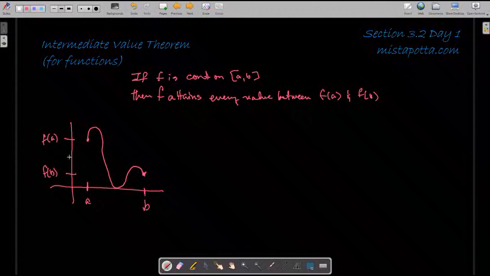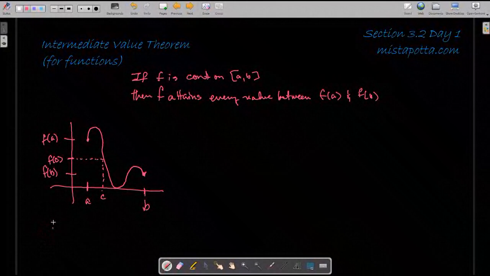The thing is, no matter what value I choose, there's got to be some point in between a and b where my function hits that value at that point.